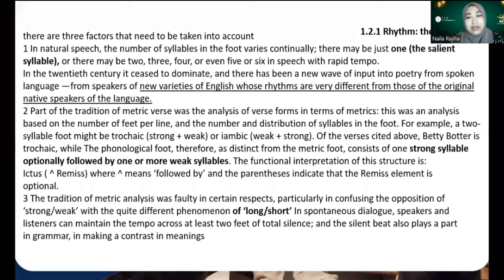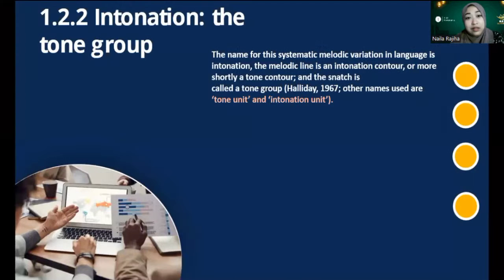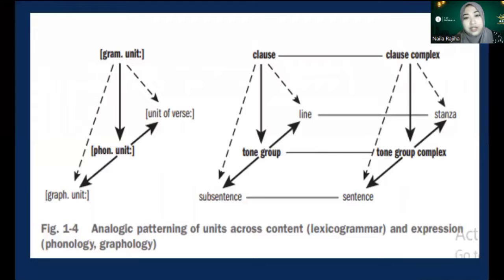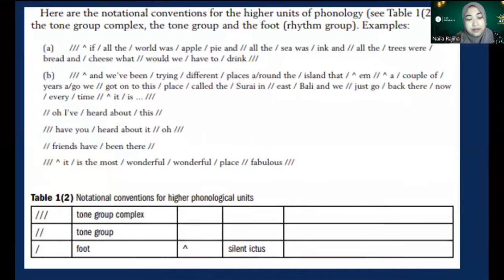The second one is about strong syllable and weak syllable and the long or short phenomenon in spontaneous dialogue. The third is about intonation or the tone of the group, also called tone unit and intonation unit. This is the analogic patterning of unit across content, lexical, grammatical, and expression. This is the example you may see.